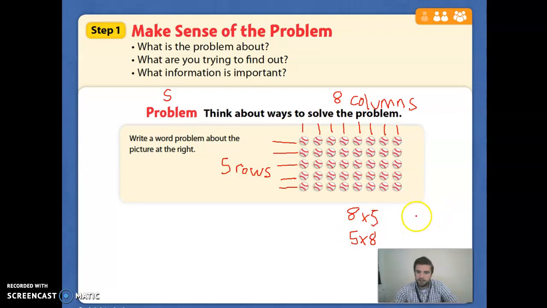It could be something divided by 5 equals 8. Or it could be something divided by 8 equals 5. And if it's confusing to you where I got that, those are basically our multiplication and division fact family for the numbers 5 and 8. So maybe you can write your own problem, and you can do that if you want. Let me show you what problem I came up with to symbolize 5 and 8.